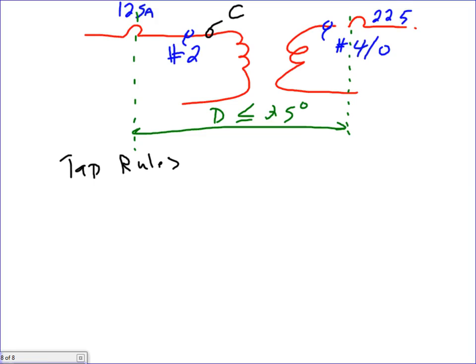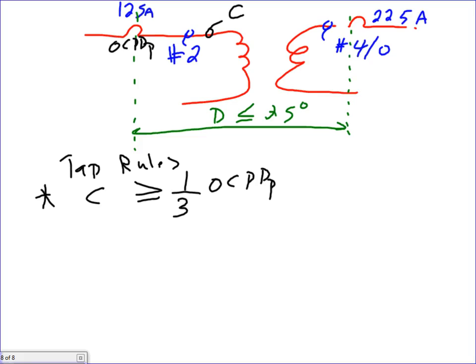So rule number one for the tap, really interesting: the conductor ampacity must be equal to or more than 1/3 of the primary overcurrent protection device. That's rule number one.